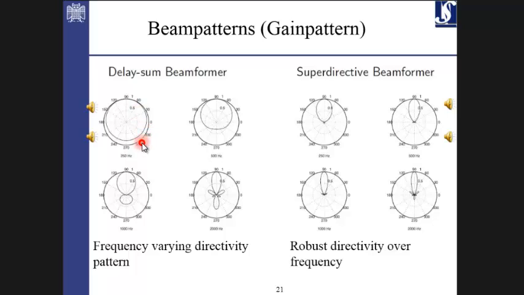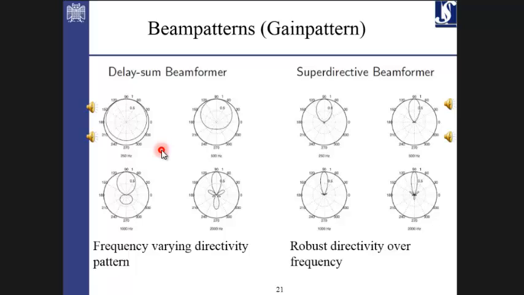The delay and sum beamformer, or simply this averaging, doesn't really work well for low frequencies. It seems that for low frequencies, it's grabbing the signal from all directions. So it means a lot of noise and a lot of reverberation would be inside. It's just like you have never manipulated the microphone signals.